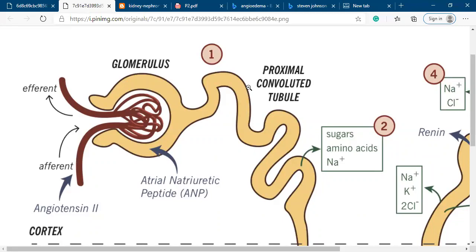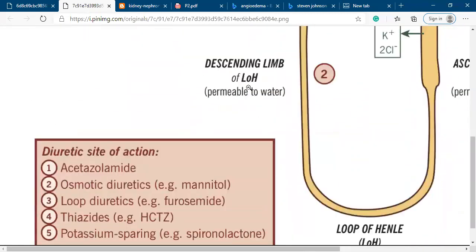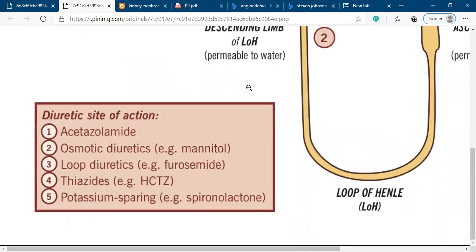The type is carbonic anhydrase inhibitor. As I told you, this is a group of medicines, or diuretics, that work in different parts of the renal tubules. Acetazolamide works in the proximal convoluted tubes.